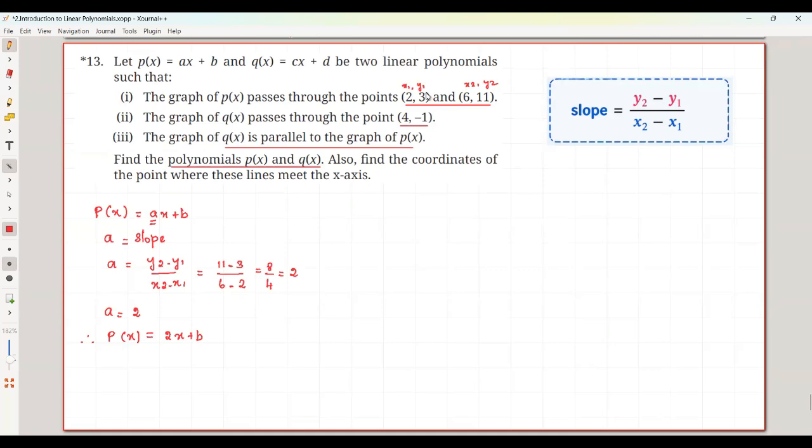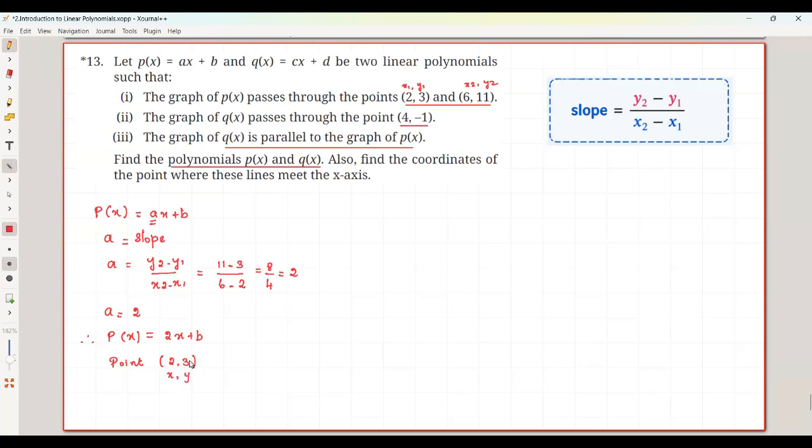If you take 6 comma 11 also, we'll get the same answer. Any one you can take. 2 comma 3 is easy. So here x is 2, y is 3.